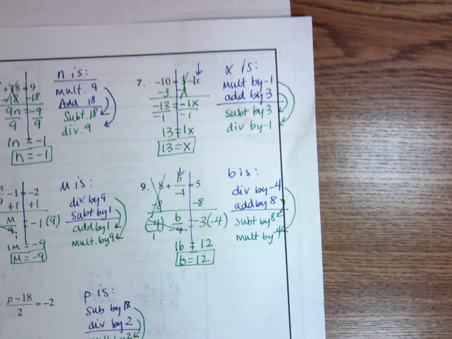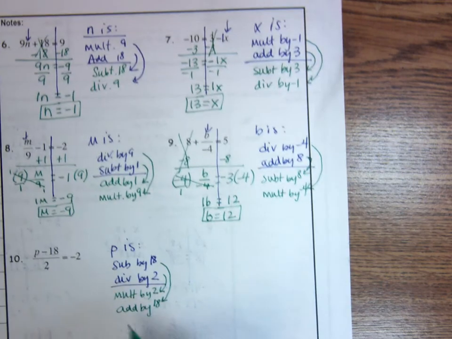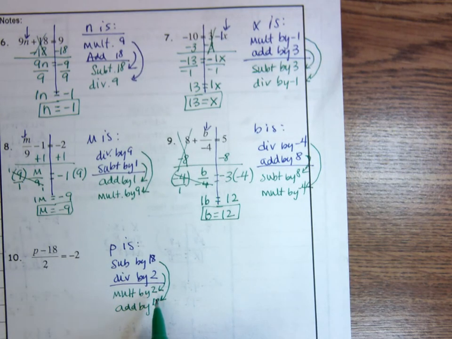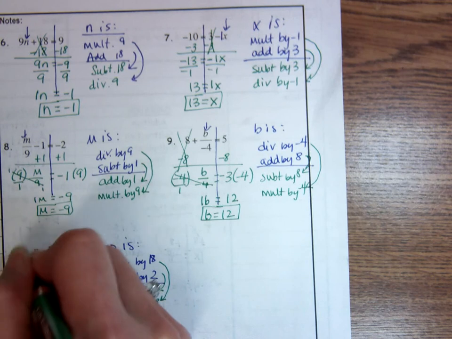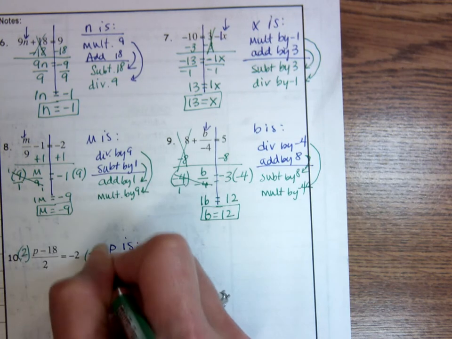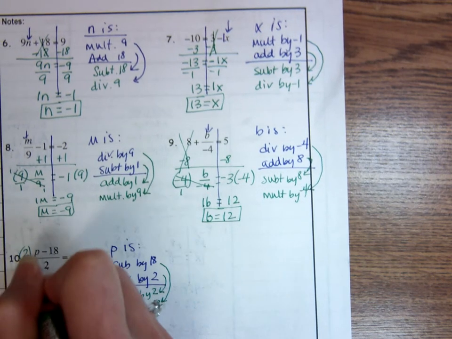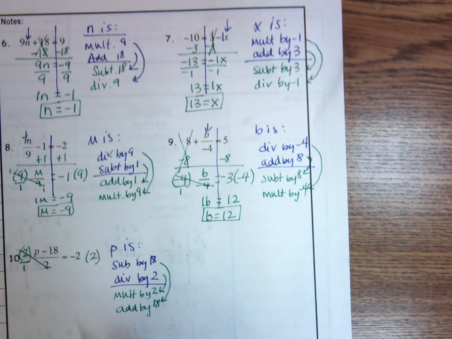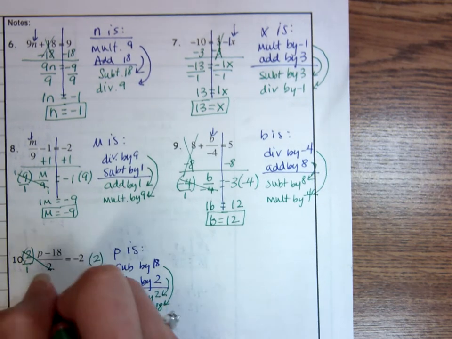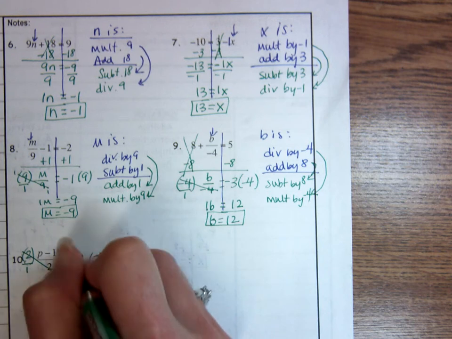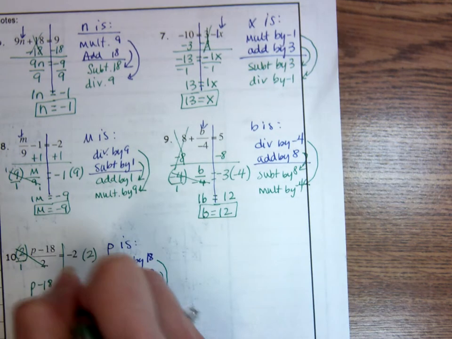So this gives us our steps. So the multiply by 2 is first. Remember to put your 2 over 1, and then you can cross cancel the 2's, and you're left with p minus 18 on the left side, and on the right side you're going to have negative 4.